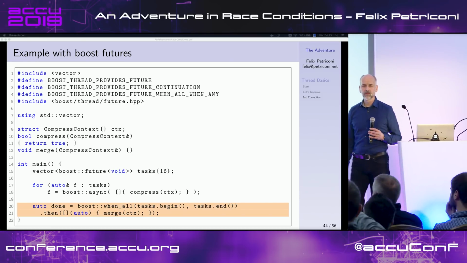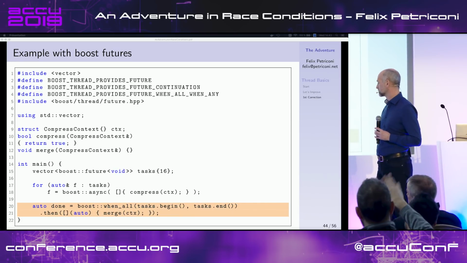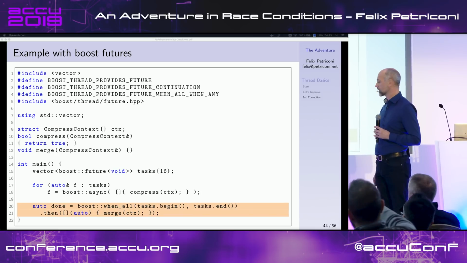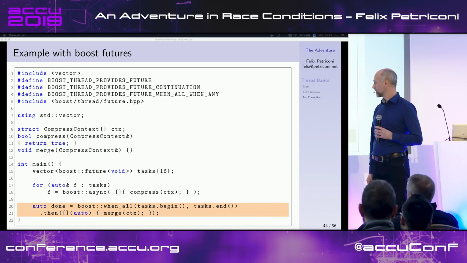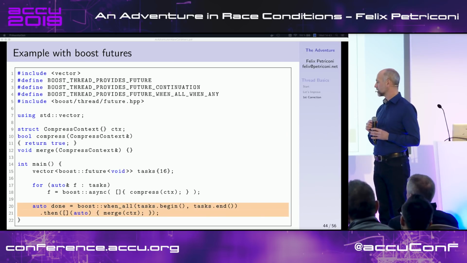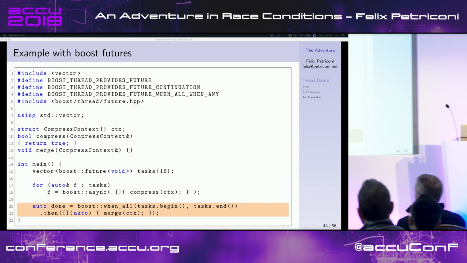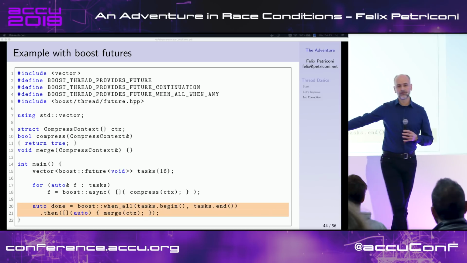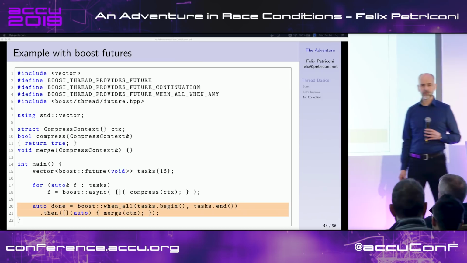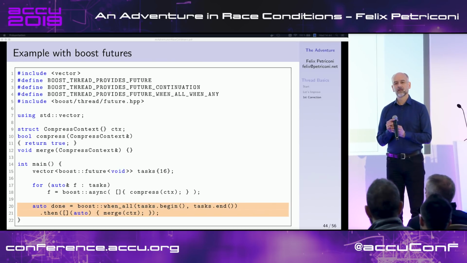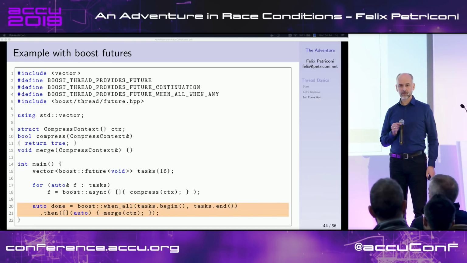Yes? But we have to call done.get at the end, right? Because this program will exit and it will not do anything at the end. So we have to get the value from done. We have to call done.get. Not at this point, because merge does not return a value. Yeah. But even void, because does Boost future call get in its destructor? So will it block main at this point?